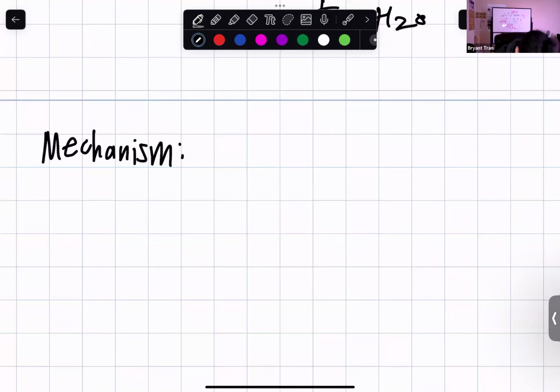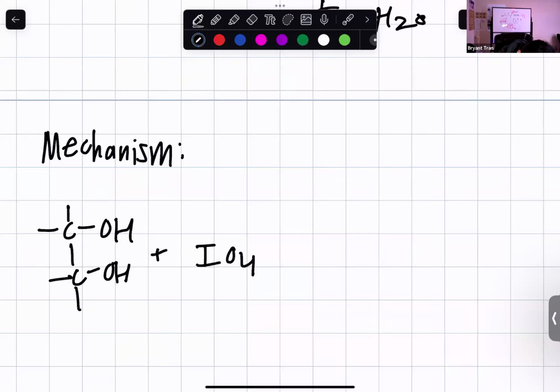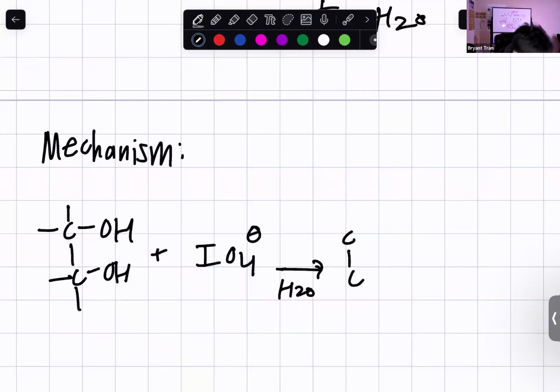Here's the vicinal diol, the adjacent alcohols, reacting with IO4 minus in water, that's going to lead to this intermediate here. He didn't show how to get this intermediate, but he showed this intermediate.